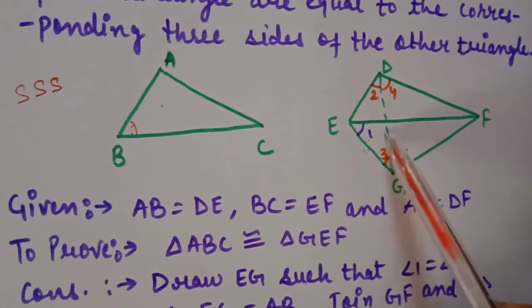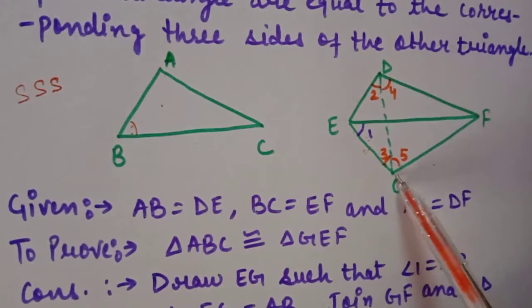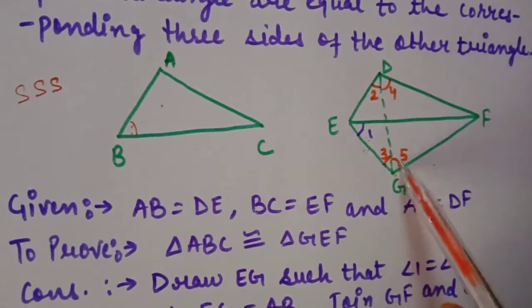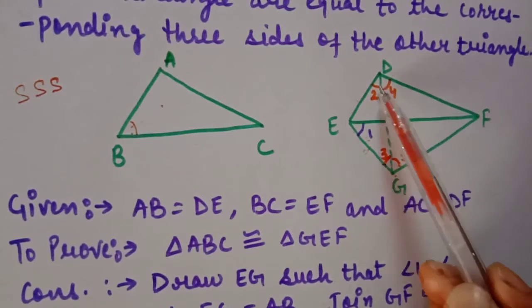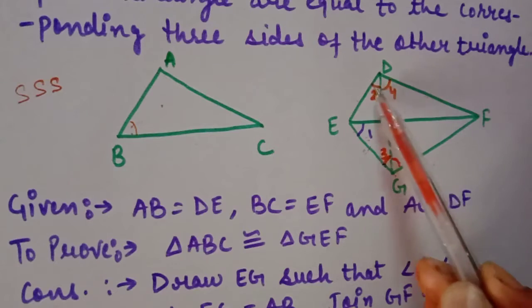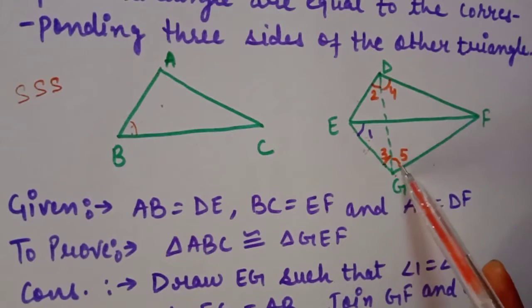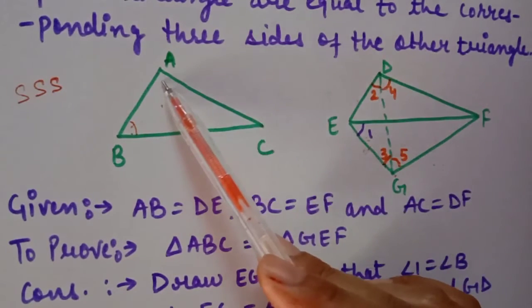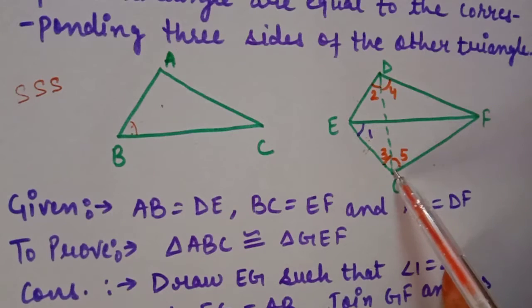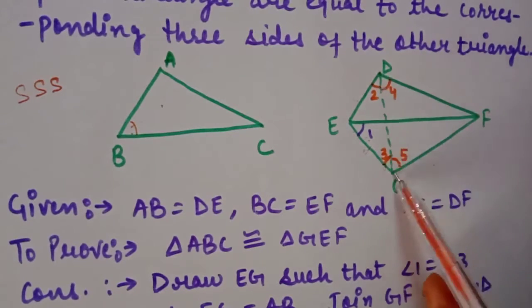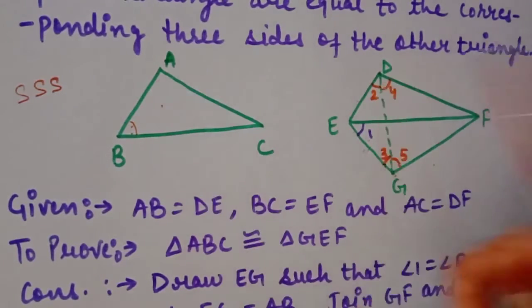Similarly, in triangle DGF, these two angles are also equal. We will add them, and then this angle is equal to this angle. But we know it very well that A is equal to G, and if they both are equal to each other, then definitely A is equal to D.